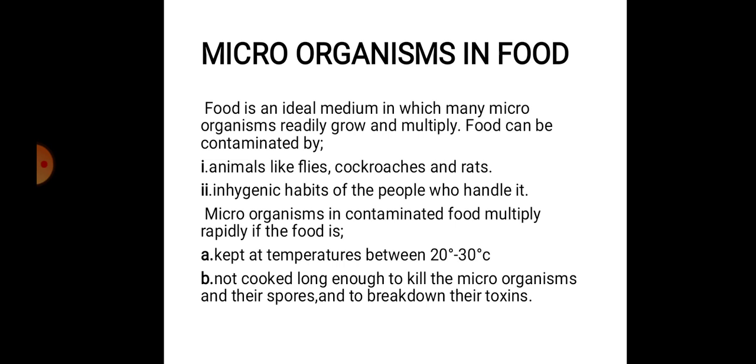If you are frying your egg, make sure your egg is brown. Your egg is brown, it is well done. Don't eat a half baked or half done egg. If you are cooking your food, make sure it is well cooked. Because all these things can harbour microorganisms, if you eat it, you will be contacted with some diseases.